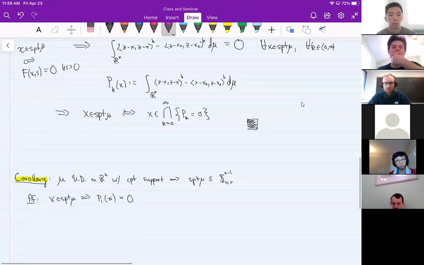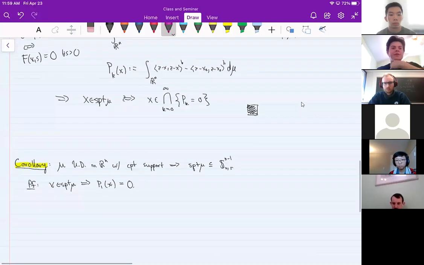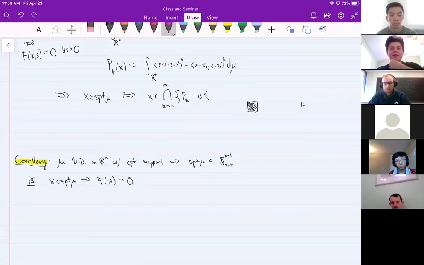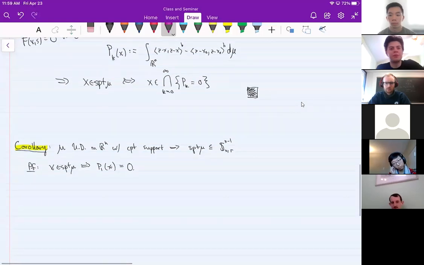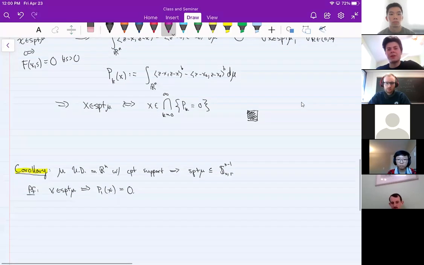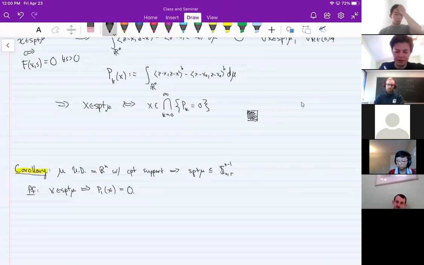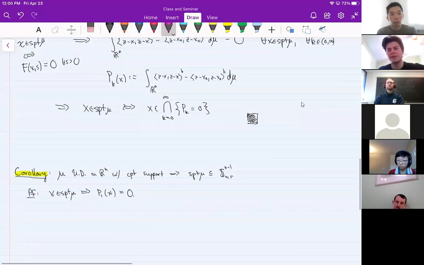And then I see that my time is coming to an end, so maybe I'll just say this last thing. A nice corollary of this is that if mu is a uniformly distributed measure in Rn with compact support, then I can actually show that the support of mu is contained in some n-1 dimensional sphere. I'll just say in words how I do that: I look at P1.